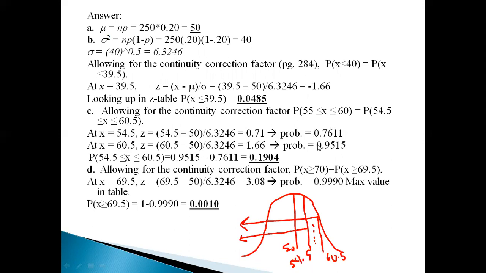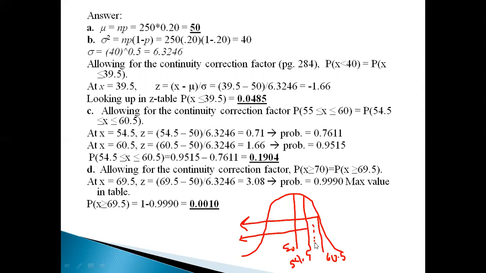Now let's think about these. What did that mean on our graph here? So if we draw the normal curve, 50 is our mean, 54.5 was one item, 60.5 was the upper, and we want to find this value in between. Now remember, at the 54.5, the probability is basically everything from that line to the left, and at the 60.5, the probability is everything from that line to the left.